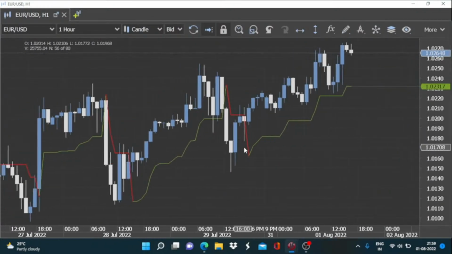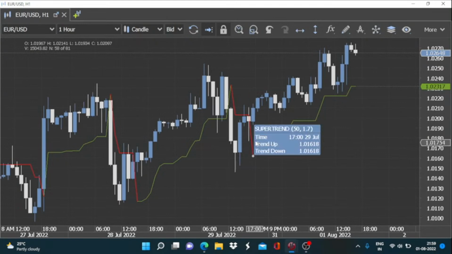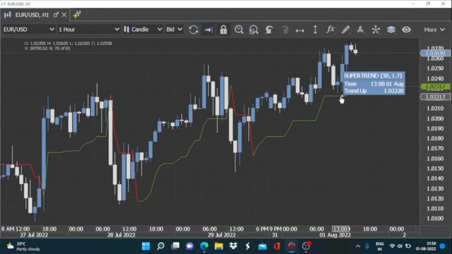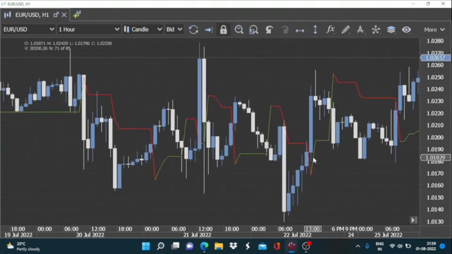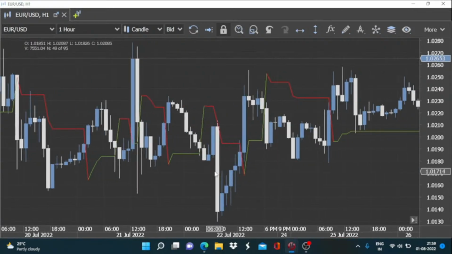This is a chart of the Euro USD with the default setup and the candle period is of the hourly time frame. This is a super trend indicator. I had changed its default values from 10 as the calculation period to 50 to figure out a possibility of smoothing out some fluctuations where we see these price fluctuations from one side to other whenever there is no big trend and the prices are moving within a narrow range.